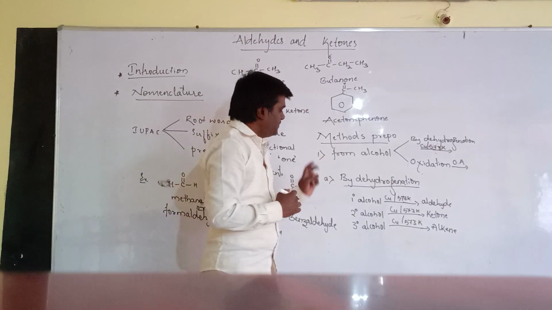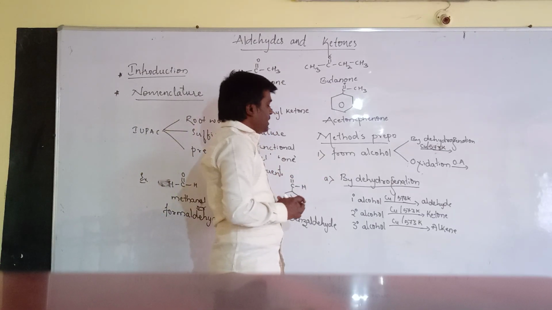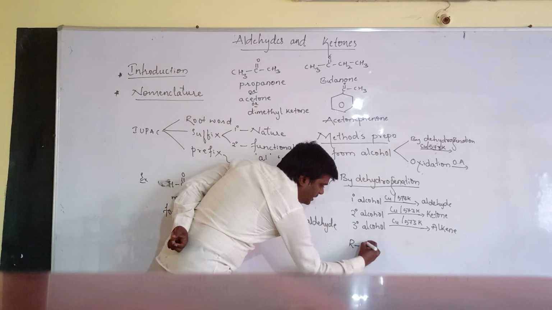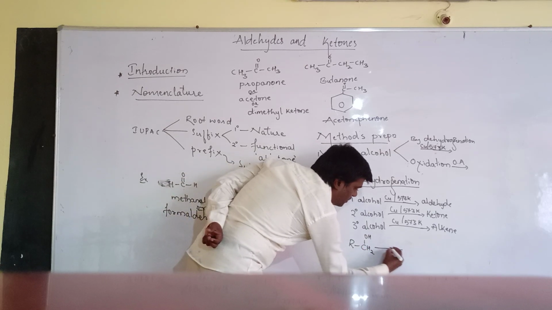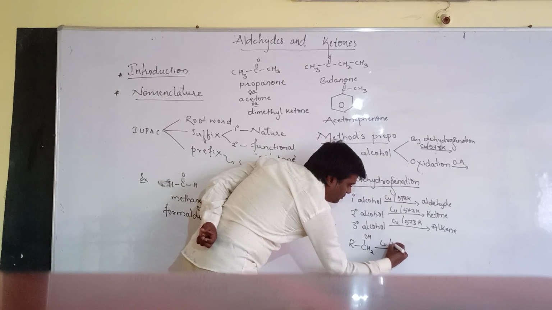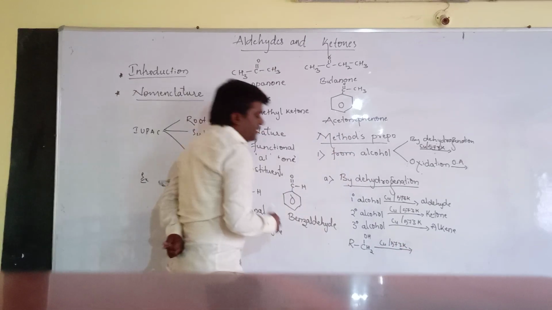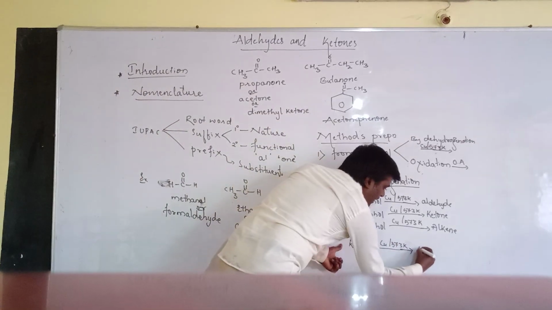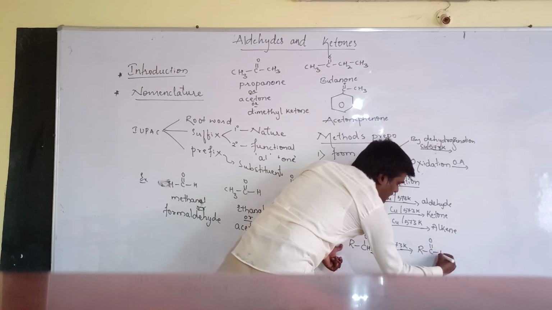Let us see the first one, primary alcohols. When primary alcohol vapors are passed through copper gauze at 573 Kelvin temperature, then it will undergo dehydrogenation to form the compound aldehyde.